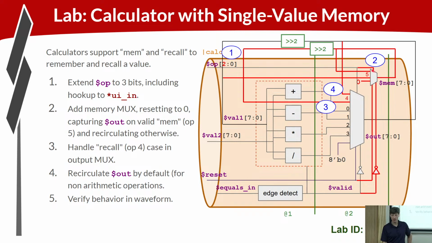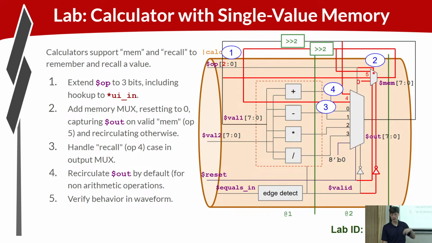So if my opcode or my operation is 5, I'll select that path from the output 2 cycles ahead, 2 stages ahead, I should say. And if we're not valid, we'll do this retain loop. So I think that's everything for driving this mux.